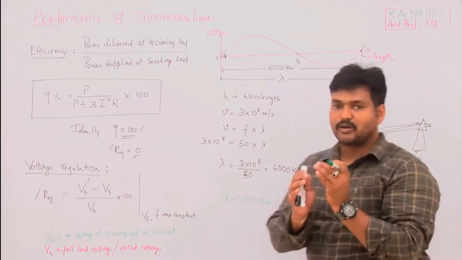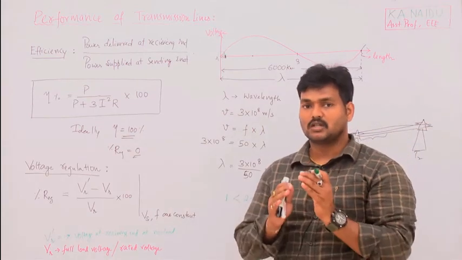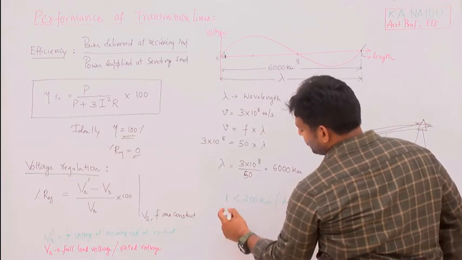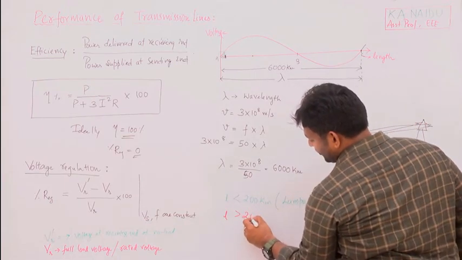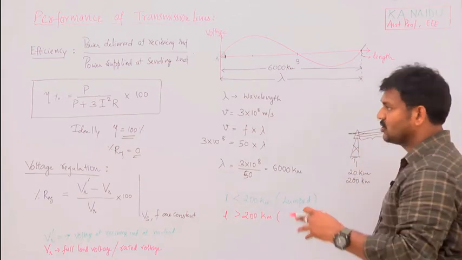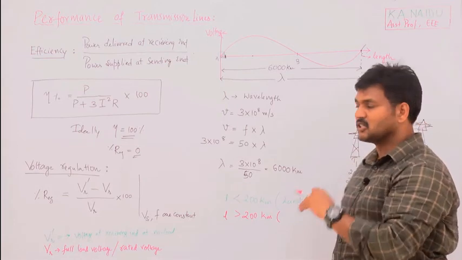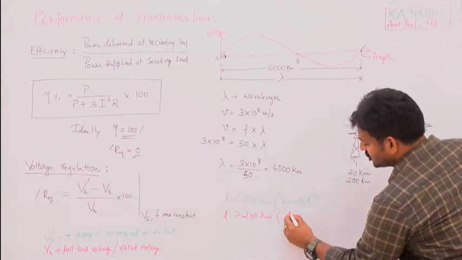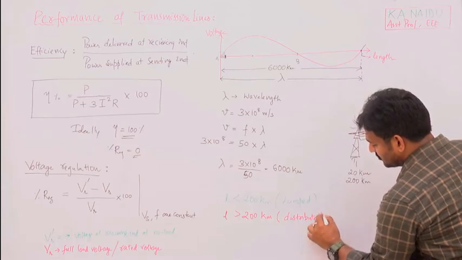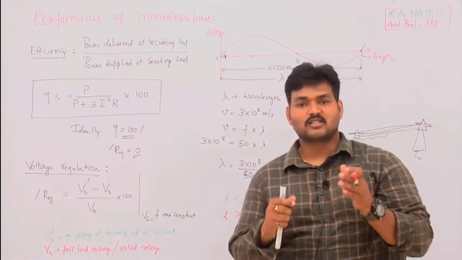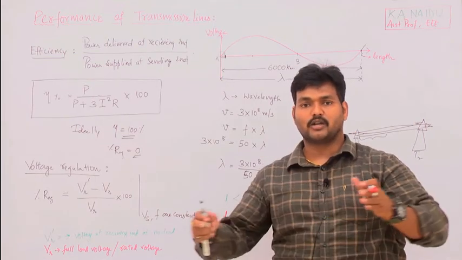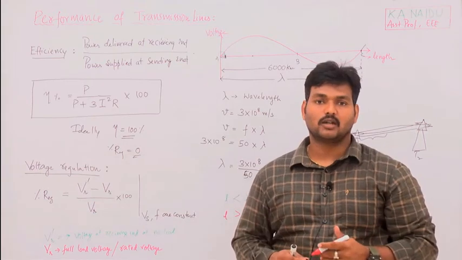That means they are lumped at one place in the circuit. Okay. If the length of the transmission line is greater than 200 kilometers, you have to analyze the performance of the transmission line assuming that they are distributed parameters. That means the inductance, capacitance and the resistance are distributed throughout the length of the line.